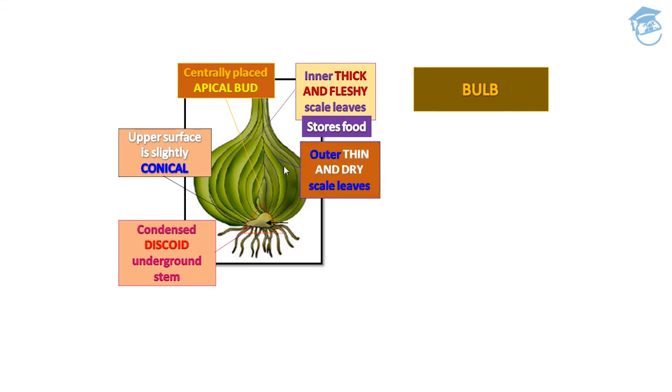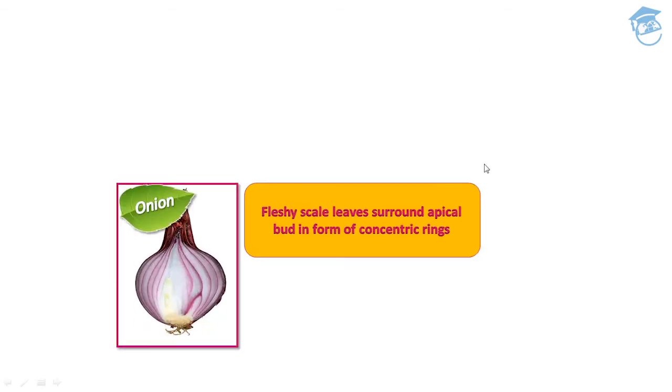This is the outer thin and dry scaly leaves that is meant for protection. And these are the adventitious roots that emerge from the underground stem. So this is another modification of stem.